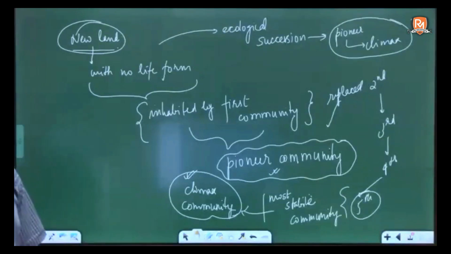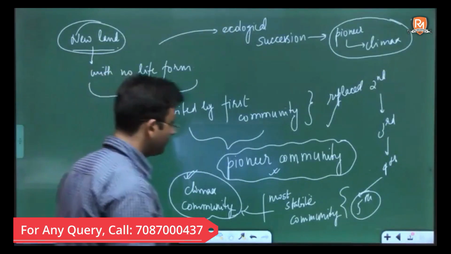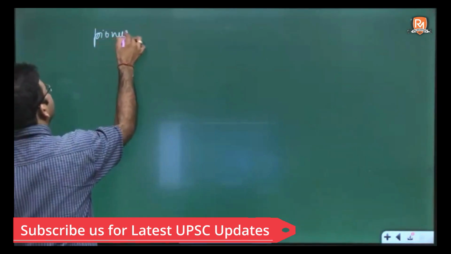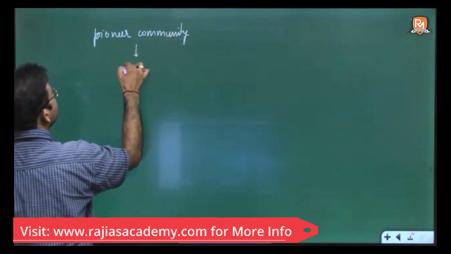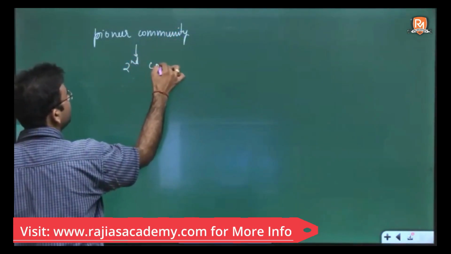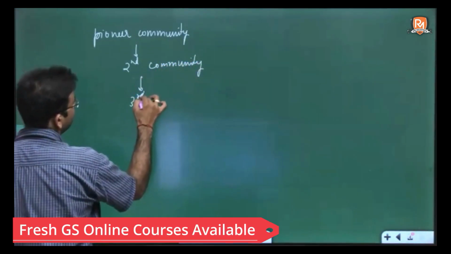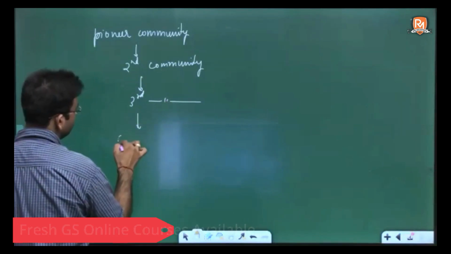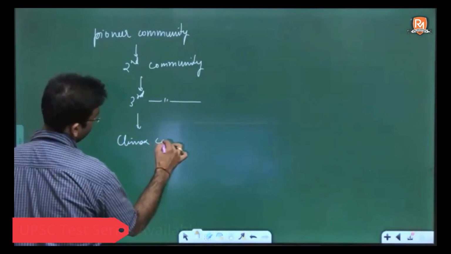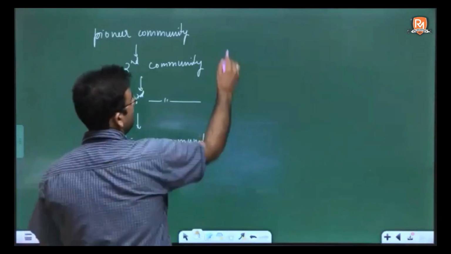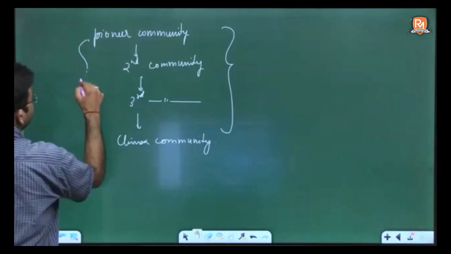Now, so there is this pioneer community. Then there will be second community. Then there will be third community. And let's say the fourth one is the climax community. This is ecological succession.